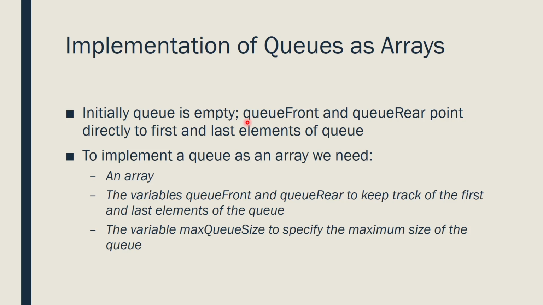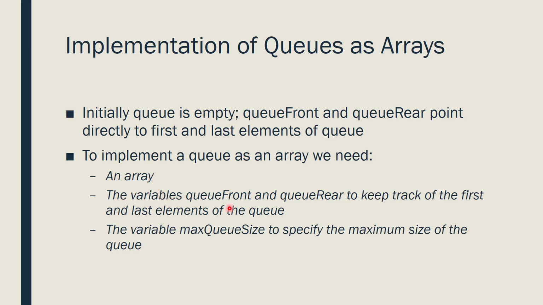Now, for implementing a queue as an array, of course, we need to initialize the queue to an empty state. And let the queue front and queue rear point directly to the first and last element of the queue. We need the following to implement the queue as an array: the array list, and the variables queue front and queue rear.